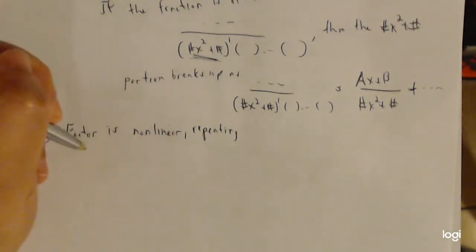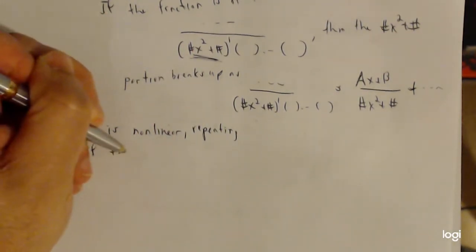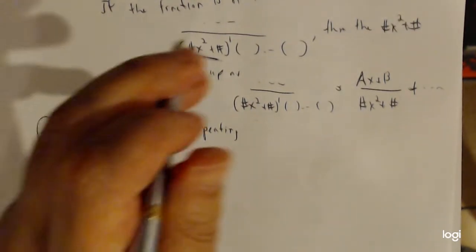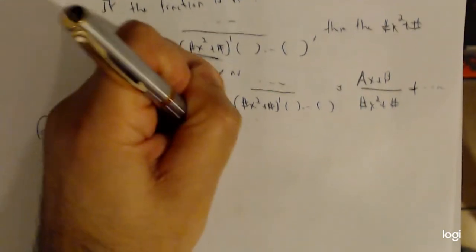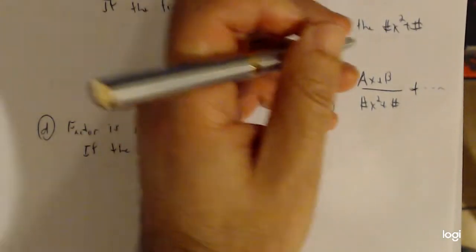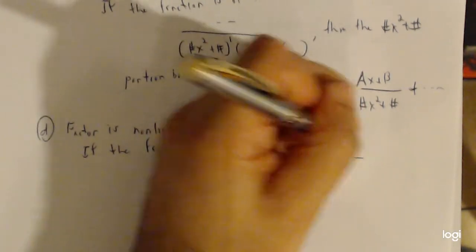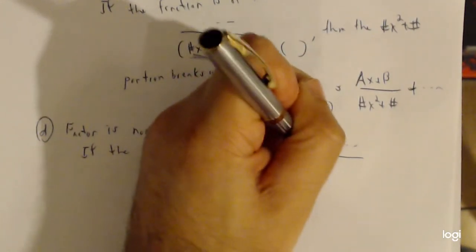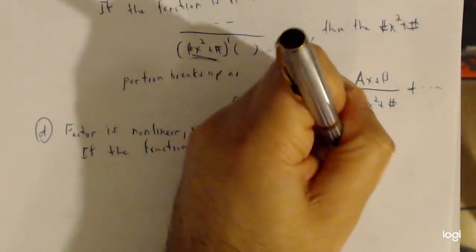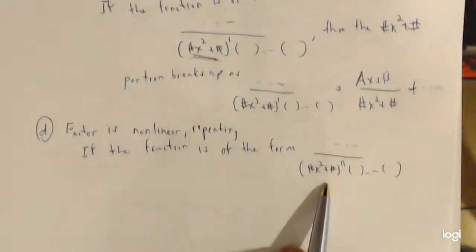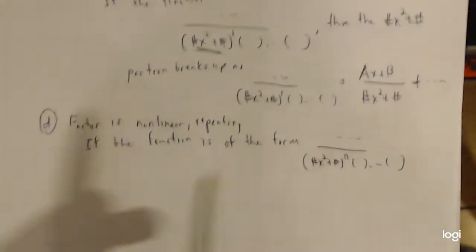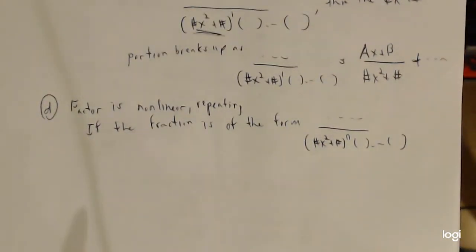So we would say that if the fraction is of the form something like this, and we have a number x squared plus a number to the power of n, and then we have some extra factors. So this is what I care about, and notice we could see that this is clearly repeating because I have n of these.